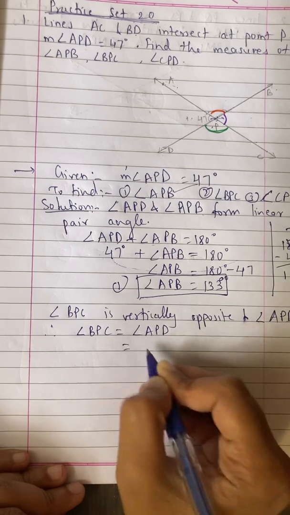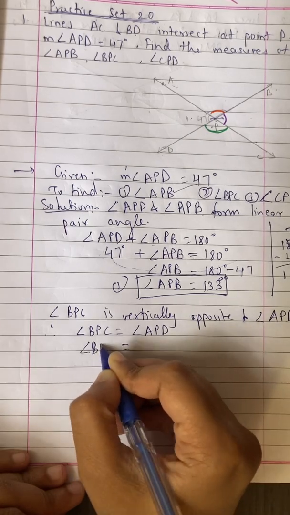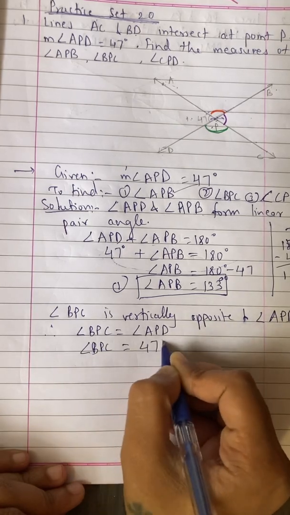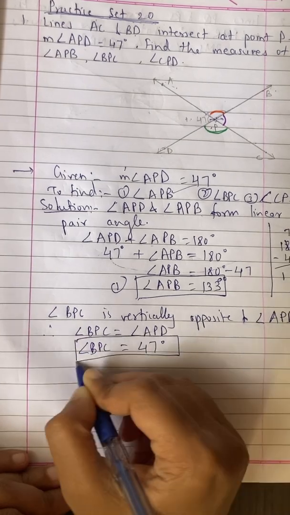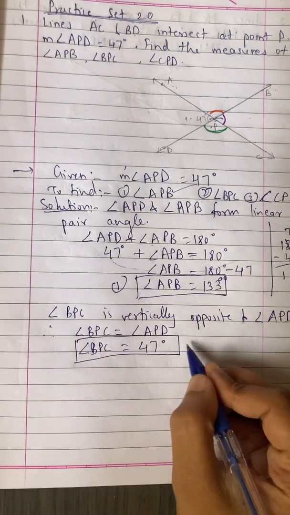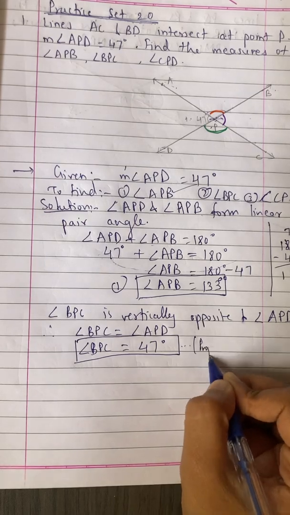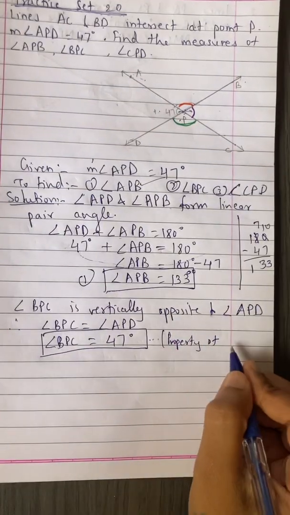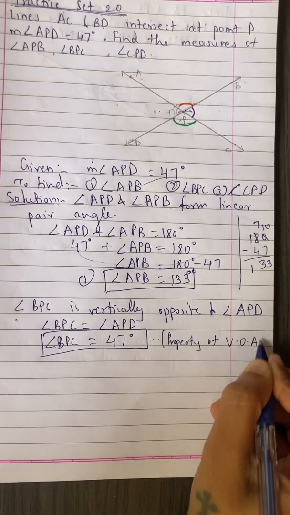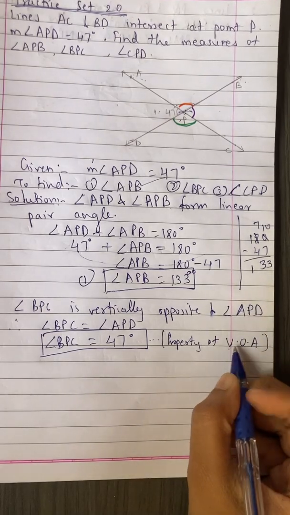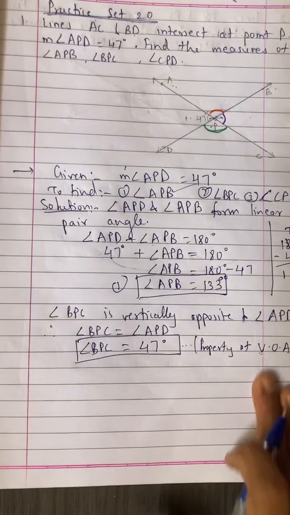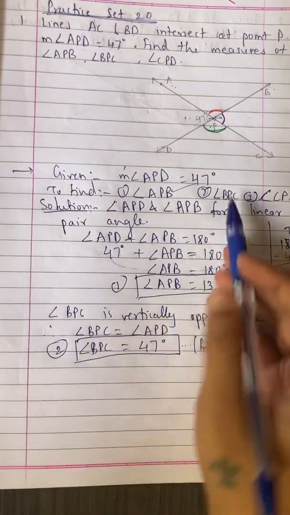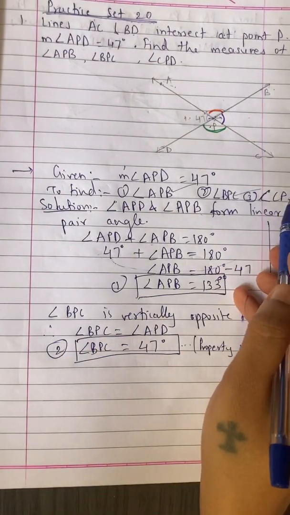We already know APD is 47 degrees. So BPC is also going to be 47 degrees. Why? Property of vertically opposite angles. In short form, I wrote vertically opposite angles. Now the second thing, BPC, we have found. Now let us find CPD.